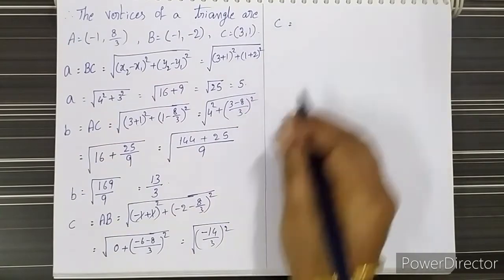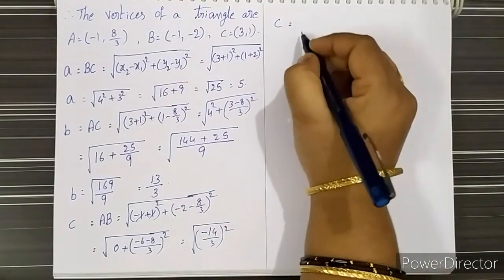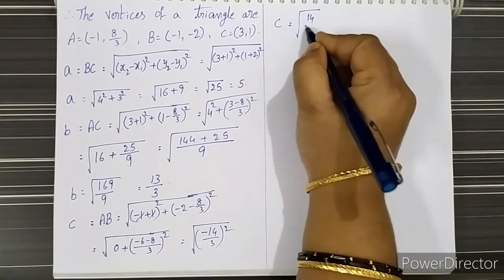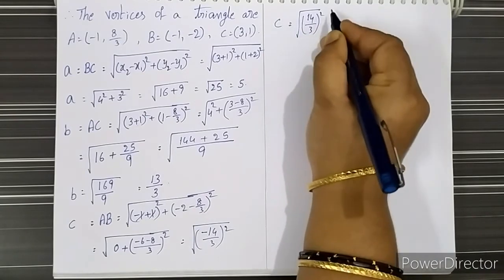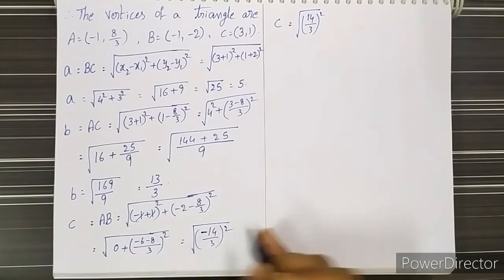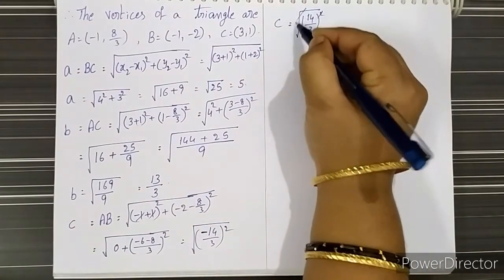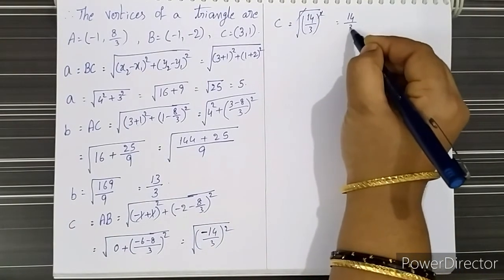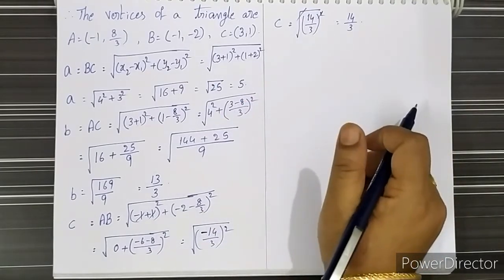Then c equal to, here square is there, minus becomes plus, 14 by 3 whole square, because the length does not come in negative form, square root gets cancelled, that is 14 by 3. This is the c value.